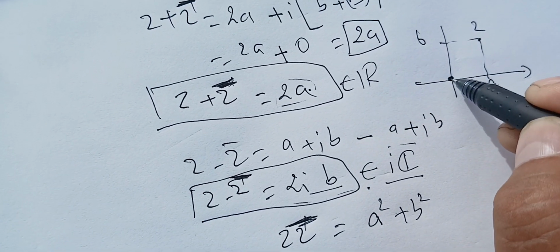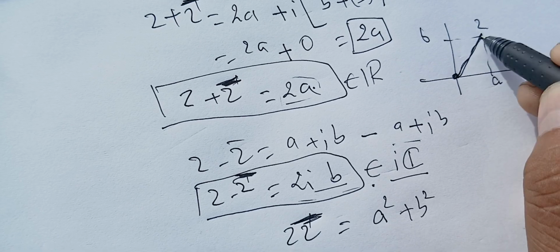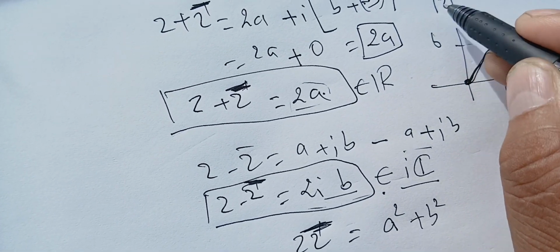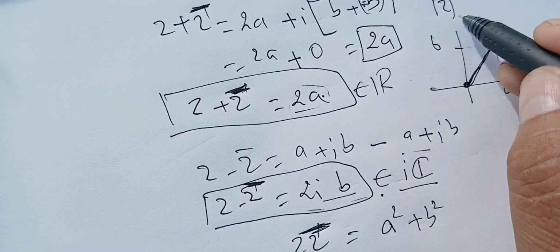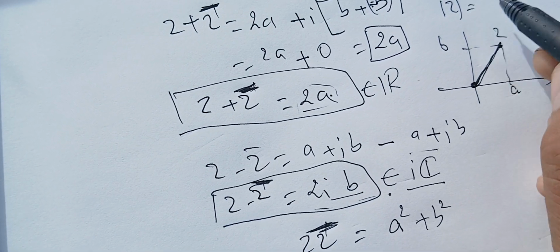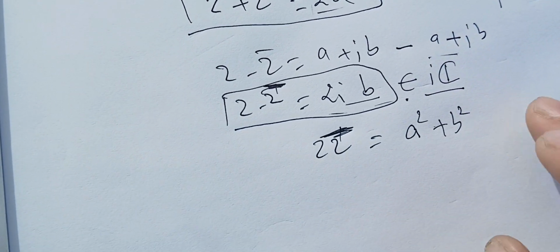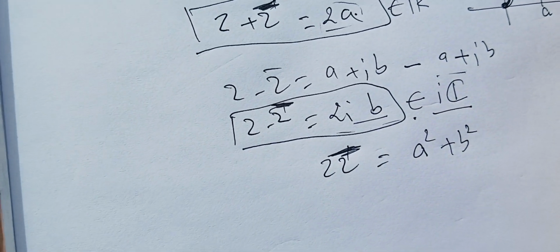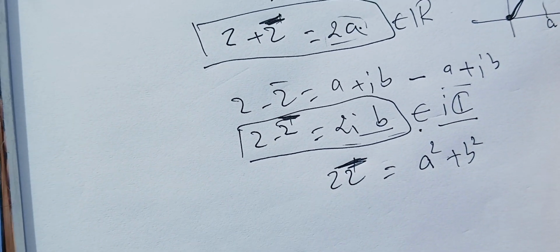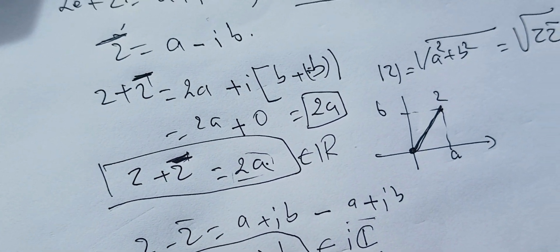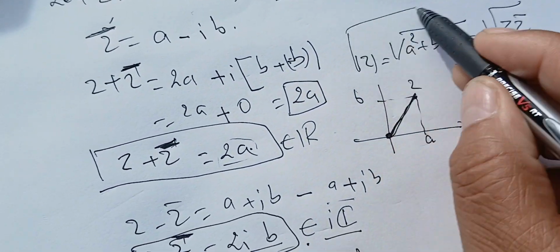Starting from the origin, this length here is called the modulus, and it's noted like the absolute value. It is equal to the square root of a squared plus b squared. But we have seen here that this is the square root of z times z bar. This is the definition of the modulus.